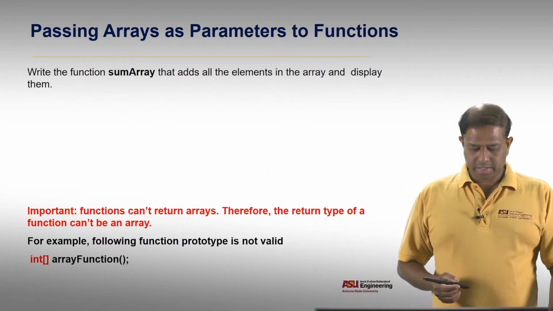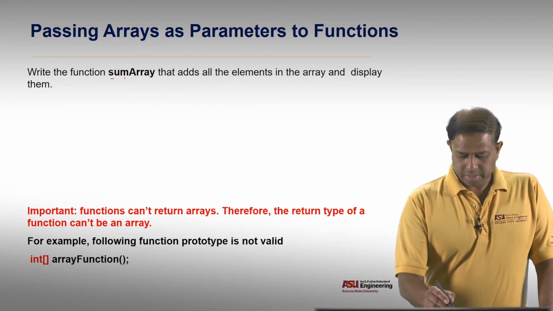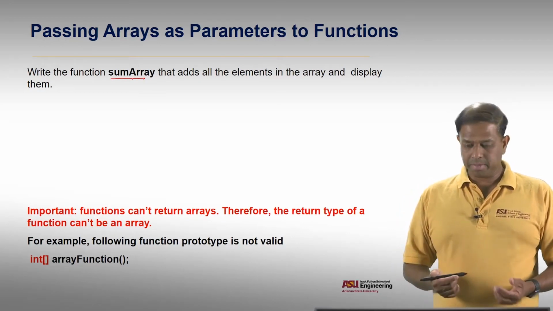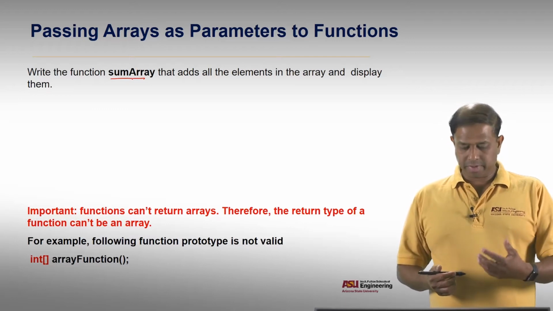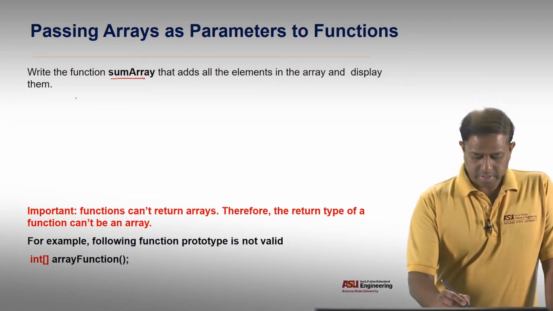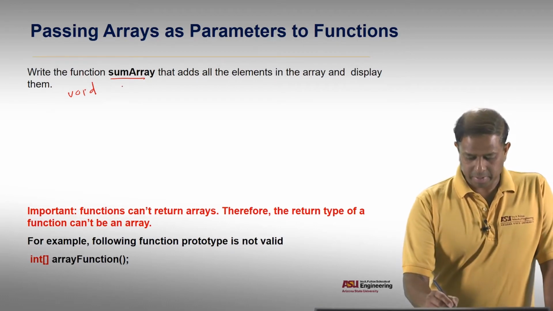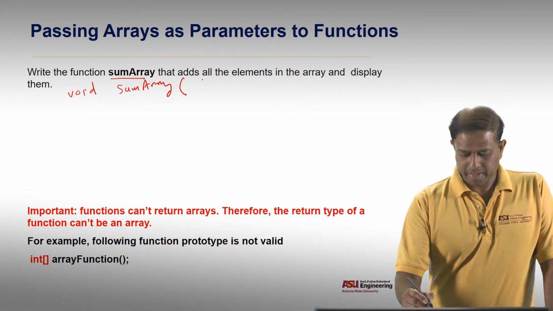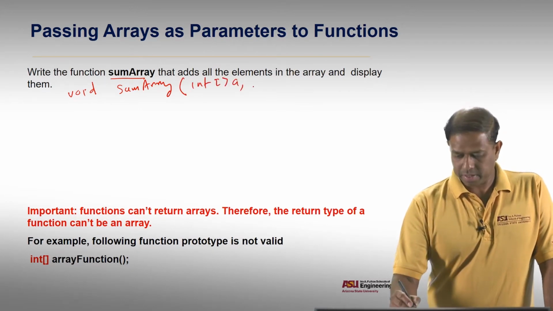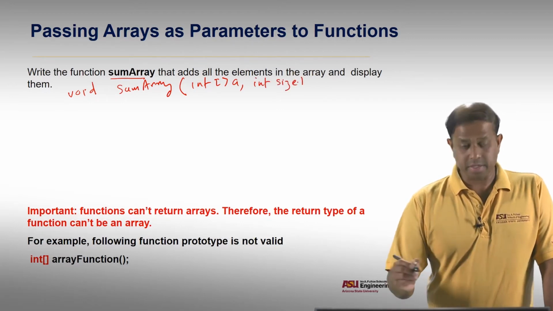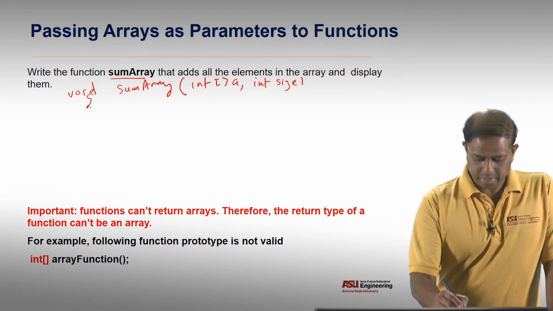so here is another example. Write a function sumArray that adds all the elements in the array and then displays them. That's very similar to the previous one. So here again, we take the array and the array size as parameters, so we call it sumArray, and it's going to take an integer array A as a parameter, and then we need an integer parameter that specifies the size of it. Okay.